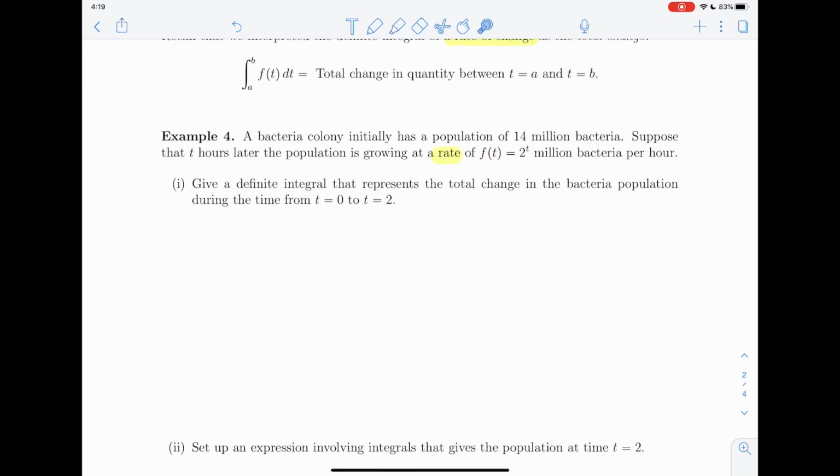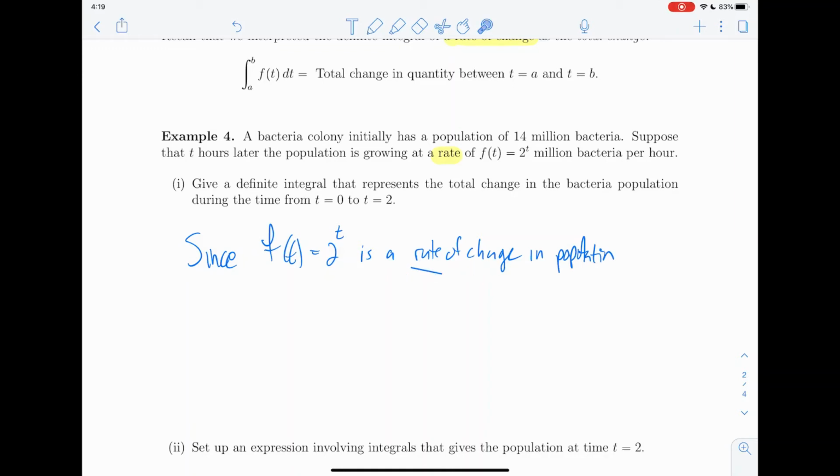So if this function is given in terms of a rate, we know immediately that the integral of this function is returning total change. So the first question is, let's write down the definite integral that represents the total change in the bacteria population for the first 2 hours. The key thing to note here is that since f of t equals 2 to the t is a rate of change in population, that's the key observation.